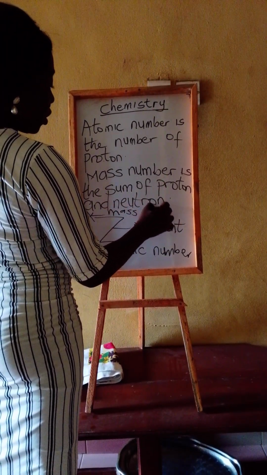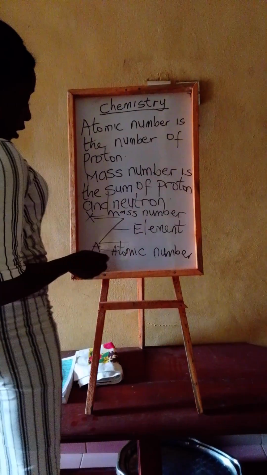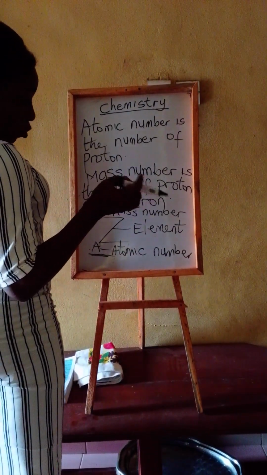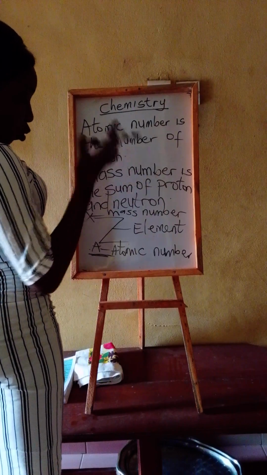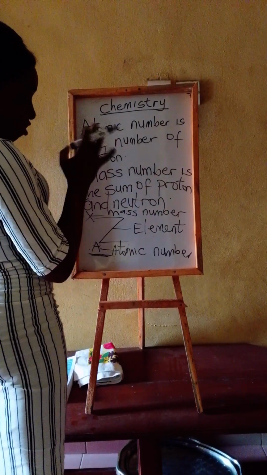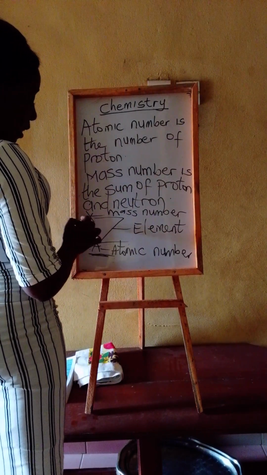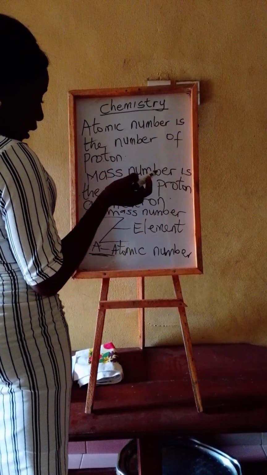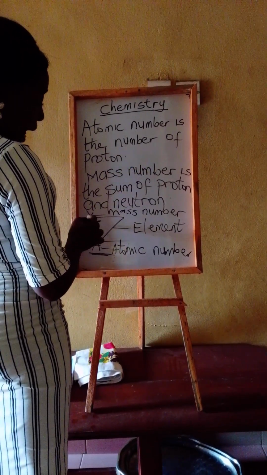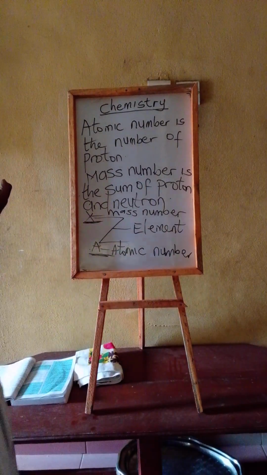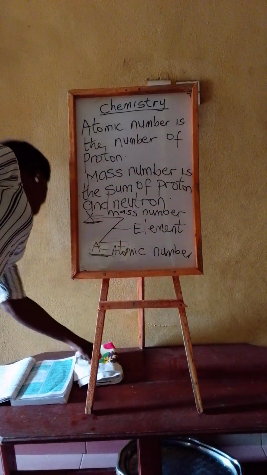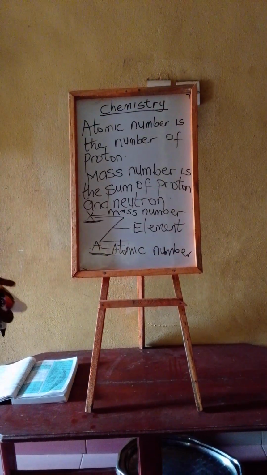So whenever you have something like this, the lowercase is the atomic number, which is the number of proton only. Then the uppercase, which is the superscript, is the mass number.